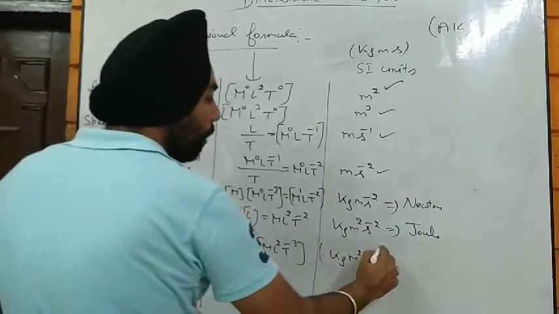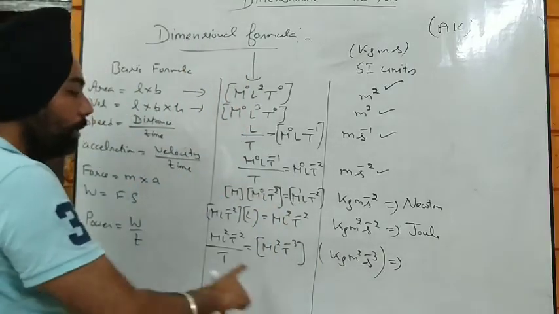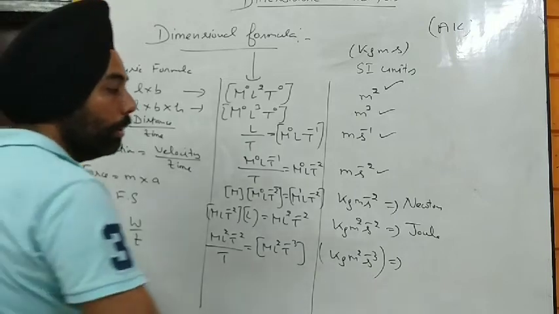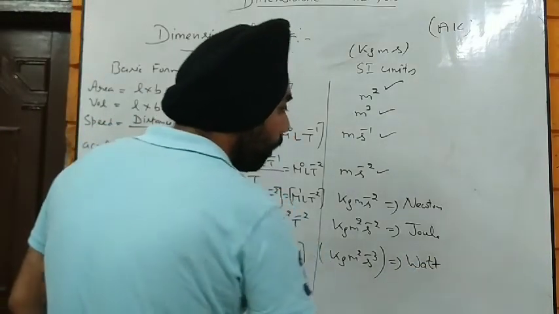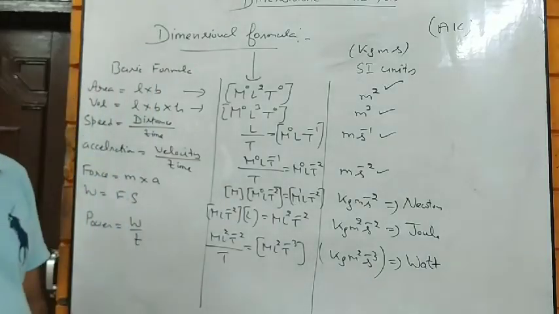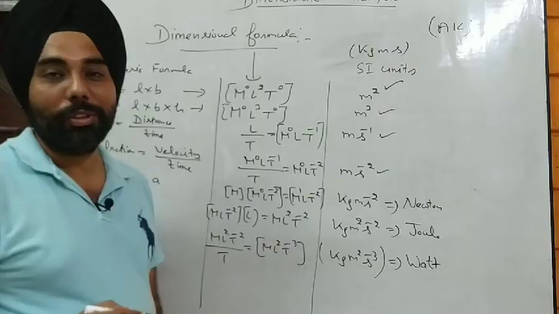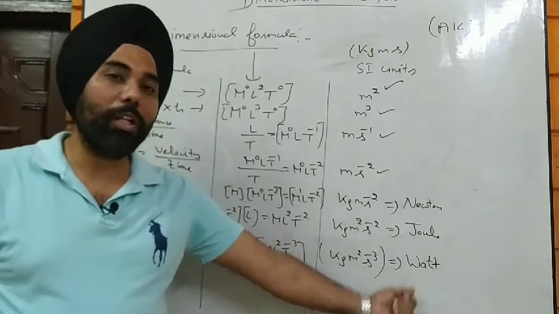Now this is also going to have a nickname. Now power is having the units kilogram meter squared per second cubed, and that is known as watt. And if you are not concentrating on study, the teacher can give you impact of watt as well.